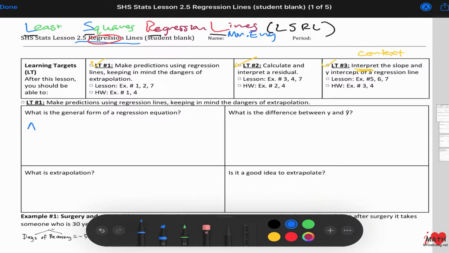In algebra, for a linear regression formula, we would have used slope-intercept form: y equals mx plus b. For stats, we do something very similar. We use y hat. You know, like it's sunny, you wear a hat, put it on top of your head.